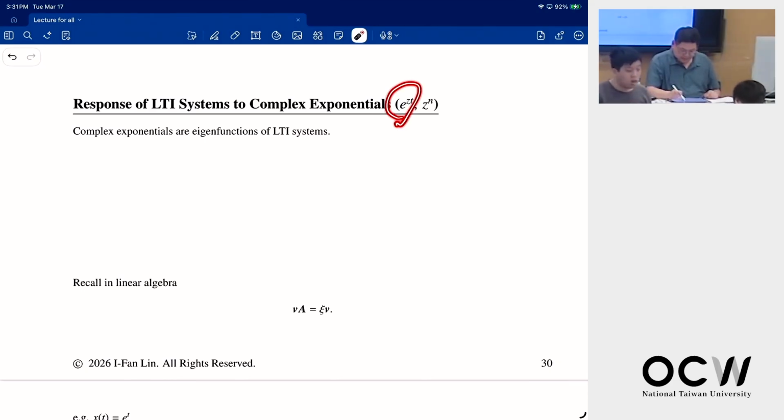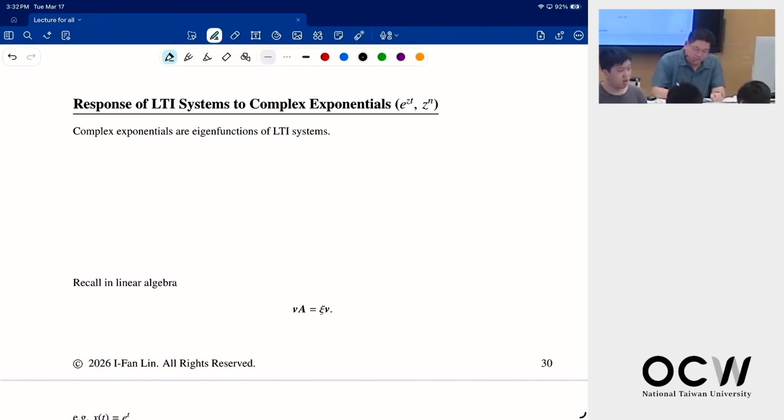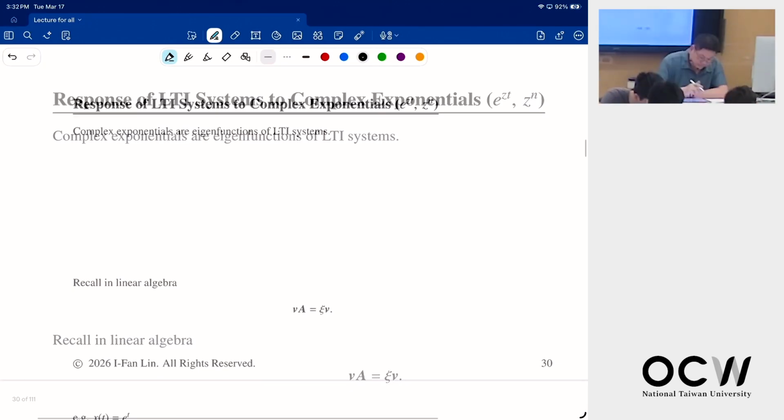This is discrete time. The complex exponentials are the eigenfunctions. So for the linear time invariant system, my output is similar in form to your input.